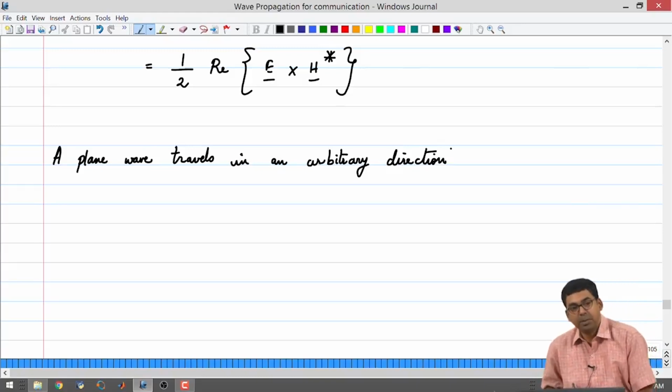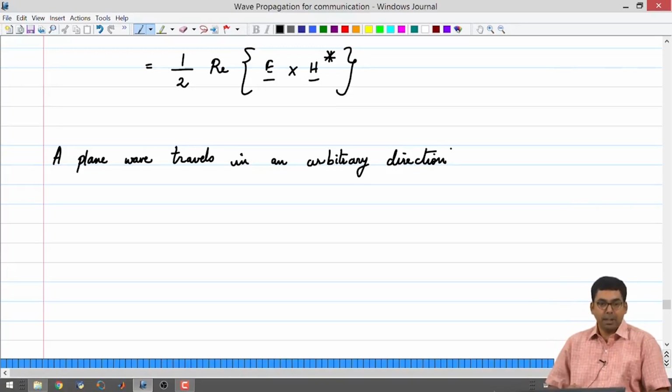Many times in problems you will be given that a wave is traveling in a direction, it hits some medium, and you are asked to calculate reflection and transmission coefficients, and then to figure out the power transferred, etc. In those cases, first you should be able to write down the expression for the plane wave traveling in an arbitrary direction, and only then can you do cross products, dot products, etc. accurately. So, we need to know how to describe a plane wave traveling in an arbitrary direction with respect to a fixed coordinate axis.